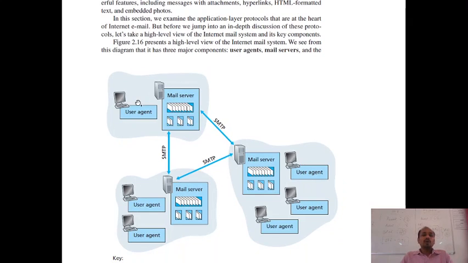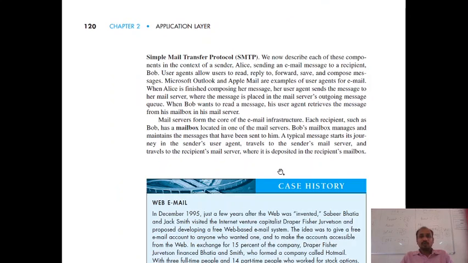Alice will have her own mail server, called the Alice mail server. This is the recipient, Bob. Bob will have his own mail server, which we call the Bob mail server. With this story of Alice and Bob, we will continue the explanation of SMTP.